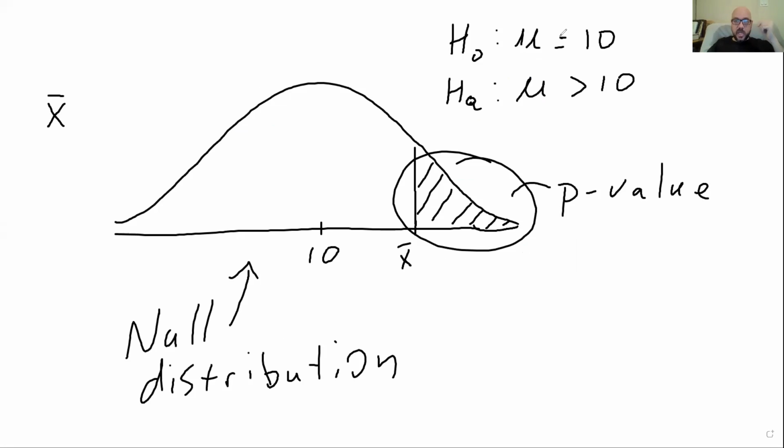If mu is actually 10, then our sampling distribution of all possible x bars looks like this. So that's the if-null-hypothesis-is-true part. And then the probability part is, well, here is our actual statistic. Given that and our alternative hypothesis, what is the probability that we would get this or something that is even further in the direction of our alternative hypothesis? That's the p-value. And so that's just an area here.